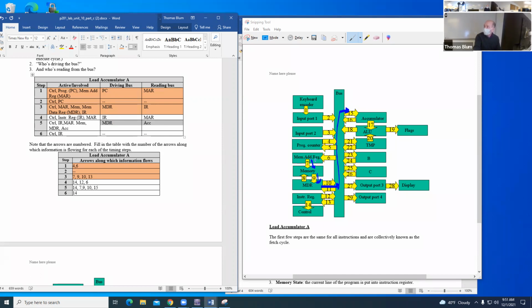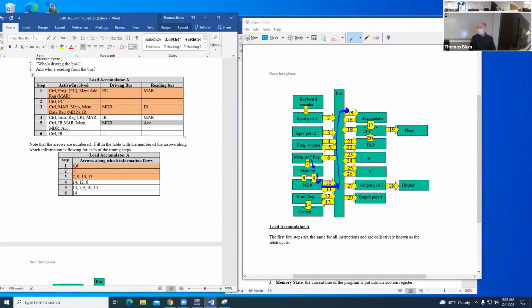It will never write to the bus. Whereas the other things, the program counter can enable, put a value on the bus, or load, take a value off the bus. The same for the MDR, the same for the instruction register, the same for the accumulator. The ALU only puts stuff on the bus. We don't put answers into the ALU. The ALU gives us answers.